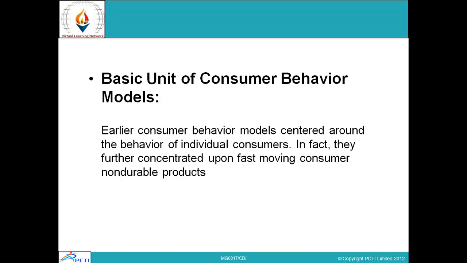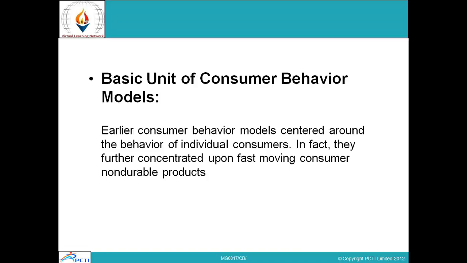With this, we'll go to the basic unit of consumer behavior models. When I say basic unit of consumer behavior model, it's apart from the individual. There are other people who influence the consumer to buy the product. It's not only an individual customer or consumer. Who are the people who support him to buy the product or to take a decision?